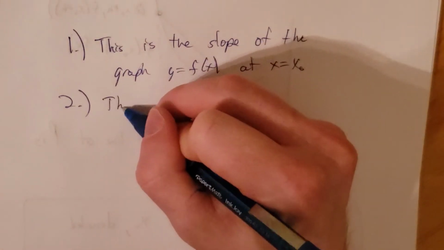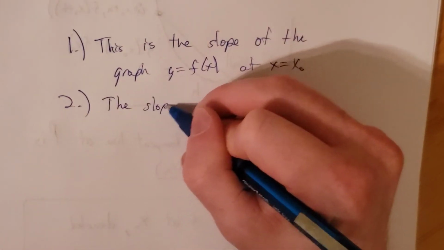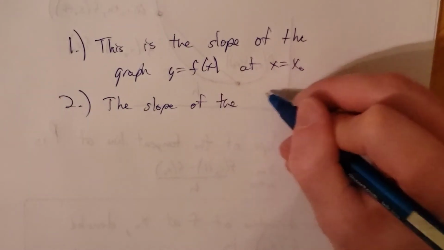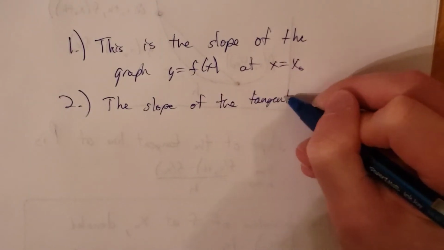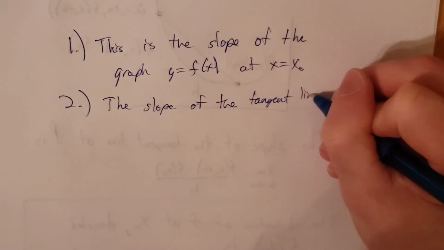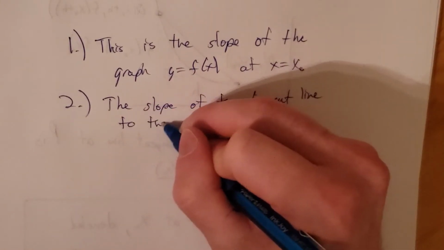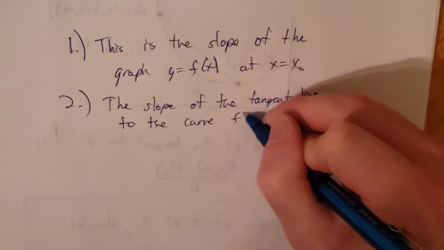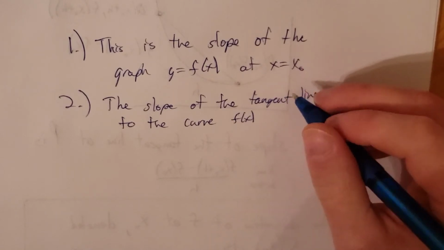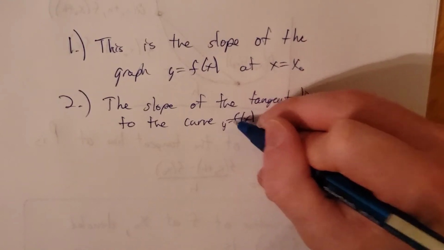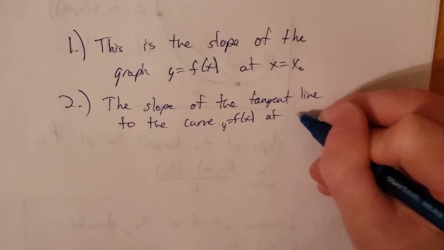The second is the slope of the tangent line to the curve y equal to f of x at x equals x naught.